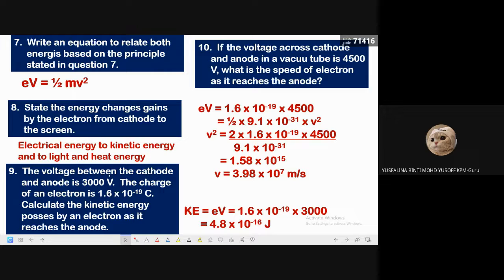But maybe this one they didn't give the mass, they only gave the charge of an electron, 1.6. So they give you the e and the V, that's why we use eV. But if they give you m, you can use this one also. So that depends on the question.